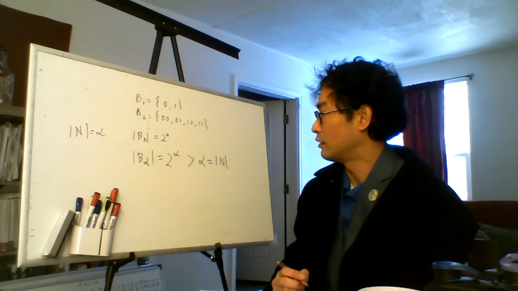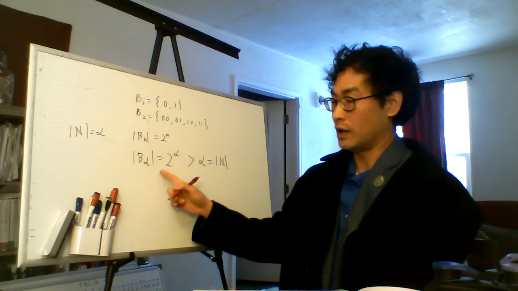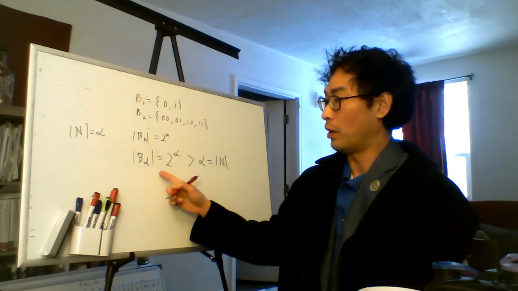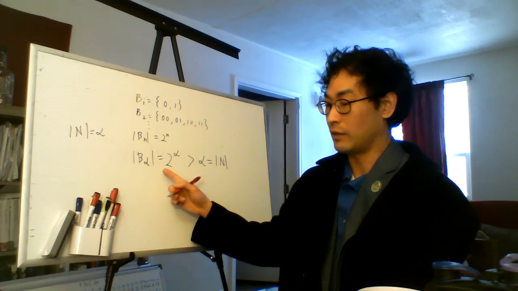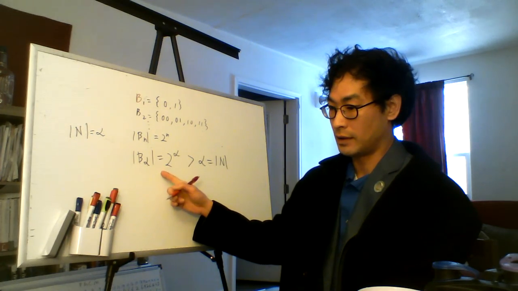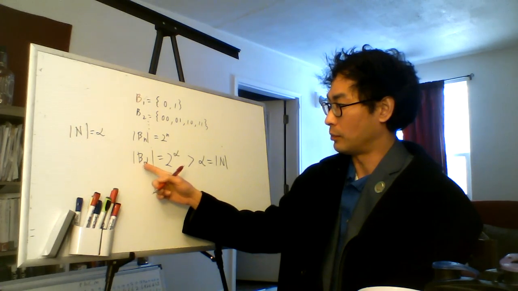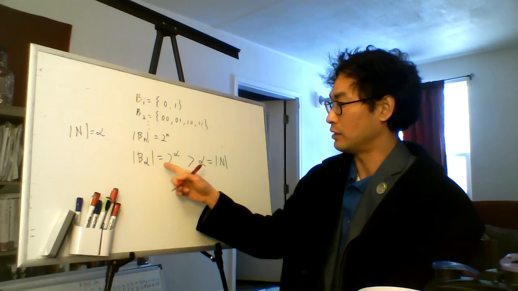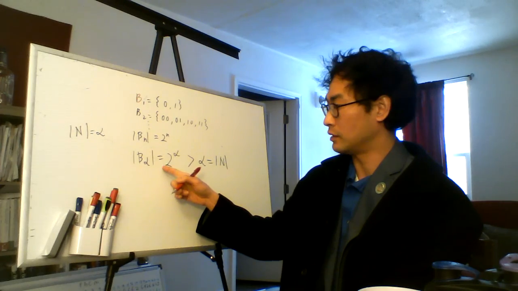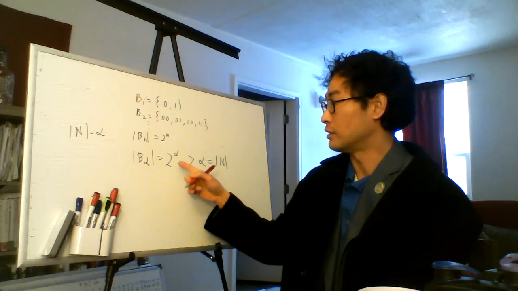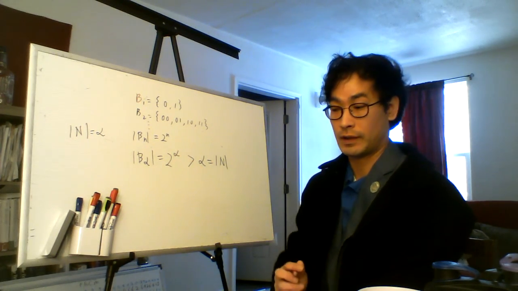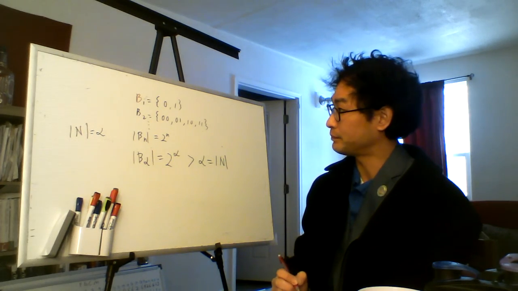We had this purpose and objective, and we did it. We expressed the function, the B set's cardinality, in terms of alpha. Yeah, it's 2 to the alpha. We have it. Very cool.